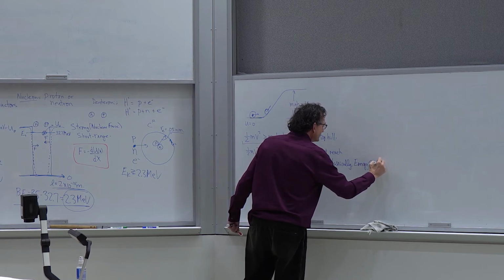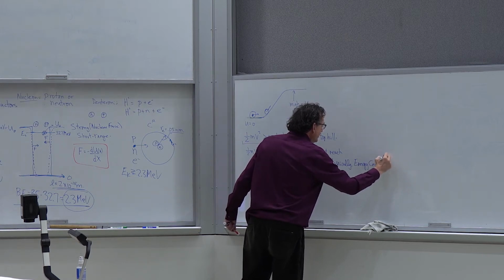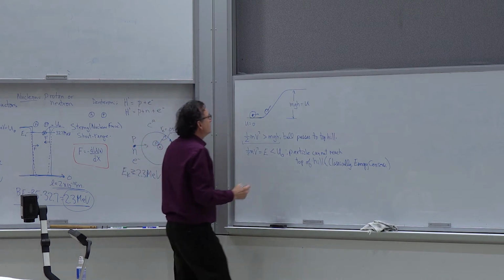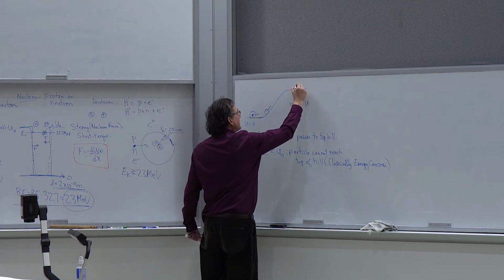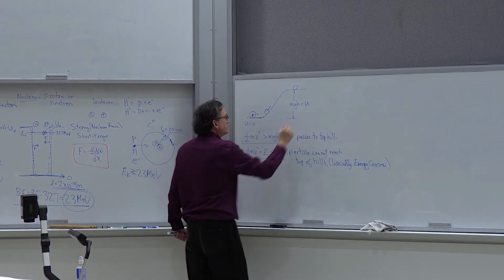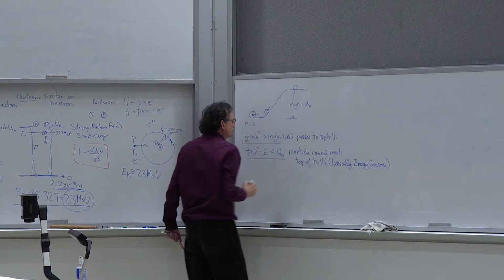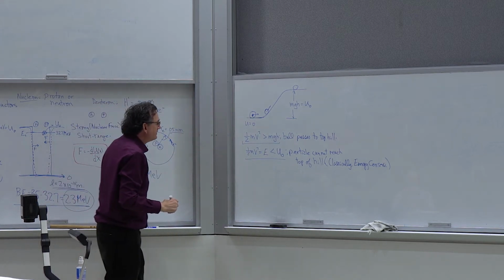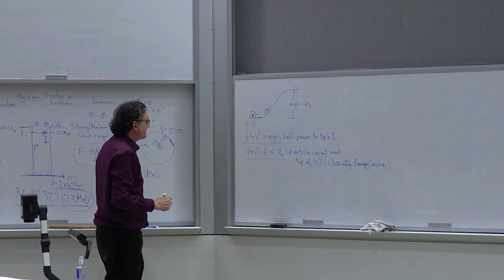But we know in a quantum system that, in fact, it is possible for the particle to be up here, even though the kinetic energy is less than the potential energy, which in this case we'll call U0. We gave an example of that last time.